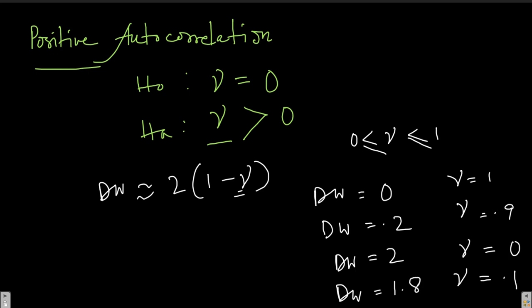We can see that if there is significant positive autocorrelation, so gamma is 1 or close to 1, my DW value is pretty low. Whereas if there is no significant positive autocorrelation, so gamma is close to 0, then my DW value is going to be 2 or close to 2, which is pretty high.